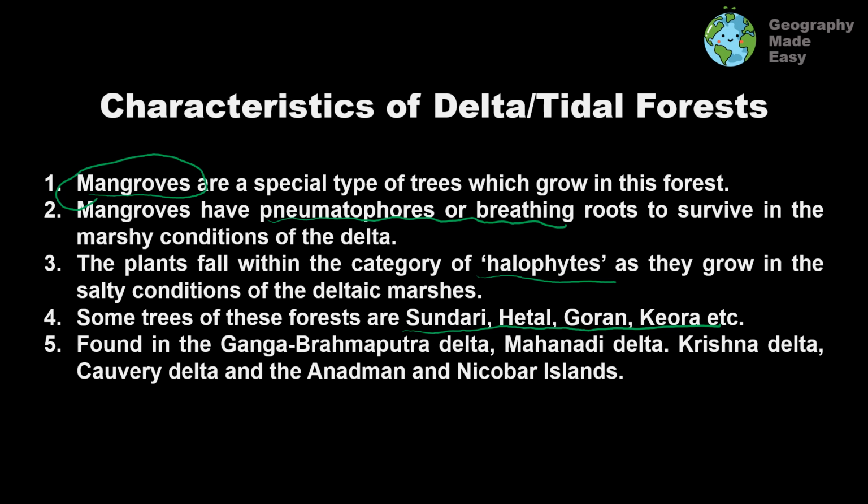So the places where this kind of forest is found are Ganga Brahmaputra Delta, Mahanadi Delta, Krishna Delta, Kaveri Delta, and Andaman and Nicobar Islands. In case of the Andaman and Nicobar Islands, the forests are very tiny. They are occurring over small regions, so it is not so significant to be marked in the map where we were showing the forest areas.